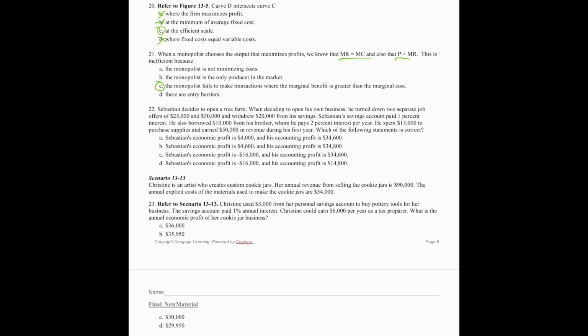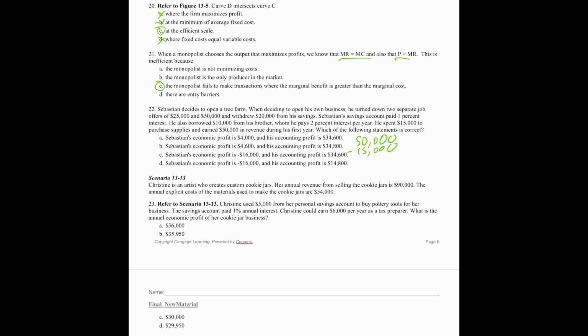His economic profit and his accounting profit are going to be different. His accounting profit is probably the easiest to find because that's actual outlays of money. So for the $50,000 for accounting, we need to take away all of the money that he's actually spending. So that $15,000 to purchase supplies.